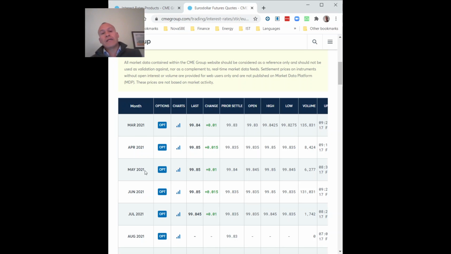Now, there is something a bit weird here, because if you look at the price of the future, this clearly is not a number like an interest rate. So this is something different, and let's understand exactly how these futures are quoted.